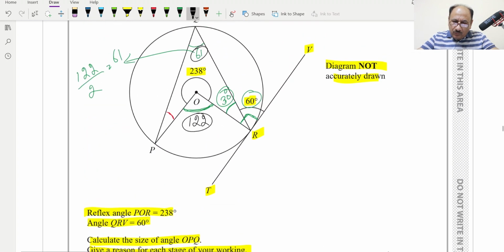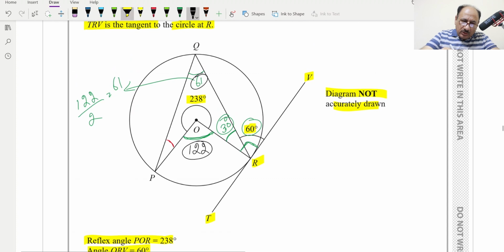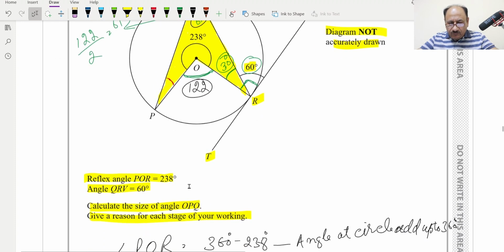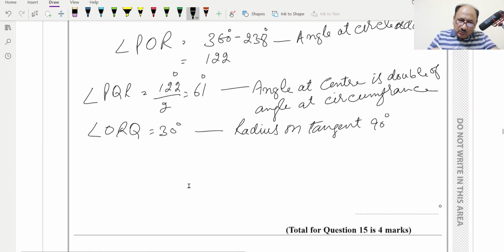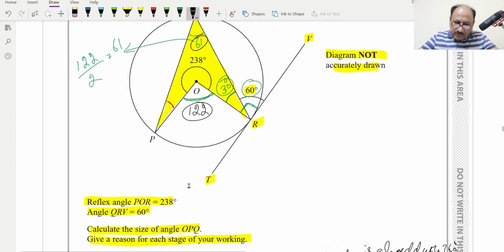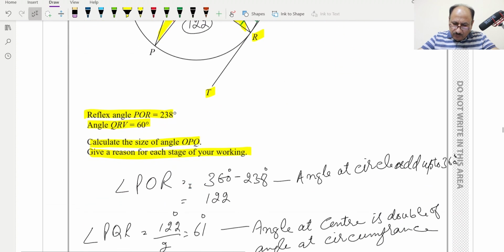Then now in this quadrilateral, which has four sides, we know quadrilateral angles add up to 360 degrees. So this quadrilateral will also have interior angles of 360 degrees. So we'll add up all three angles and subtract from 360. The angle required is OPQ.